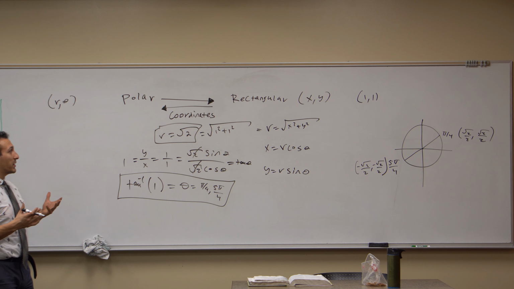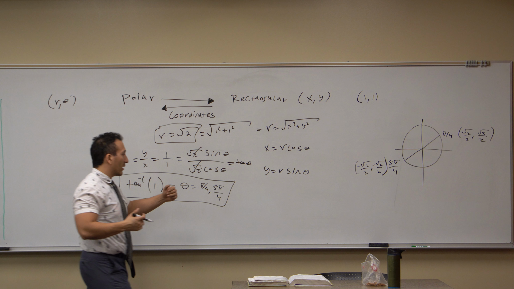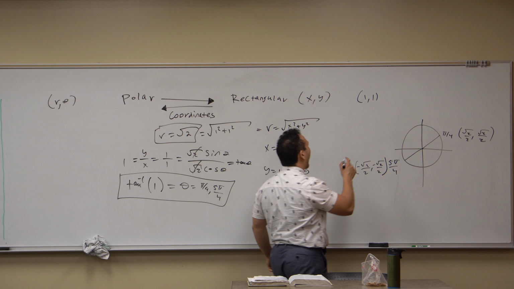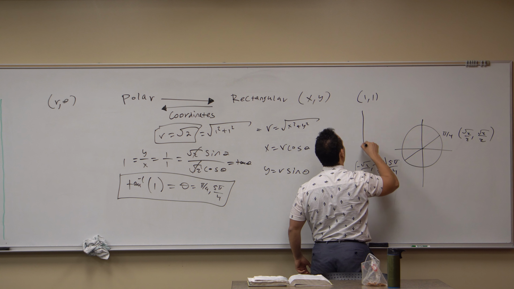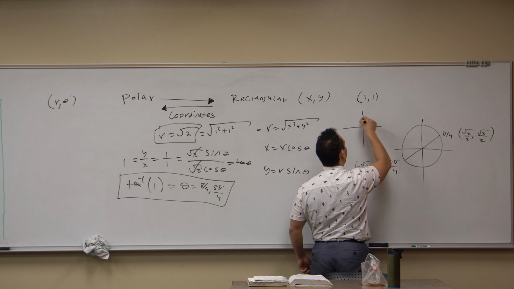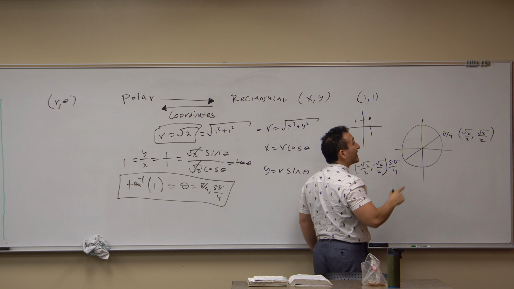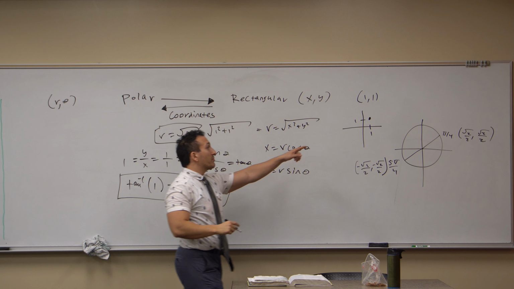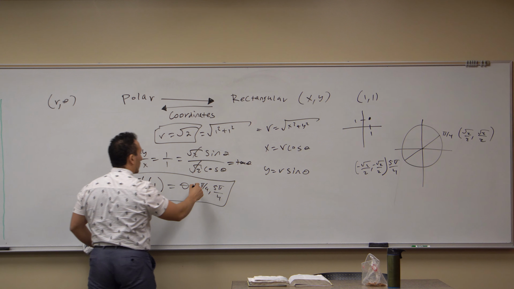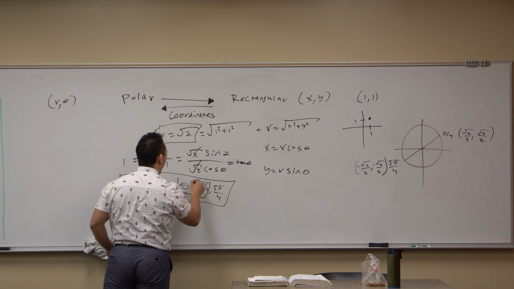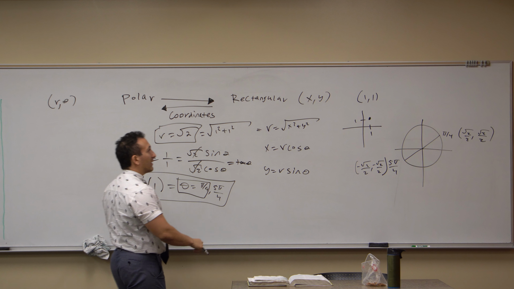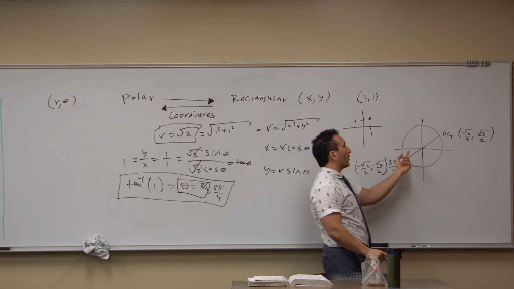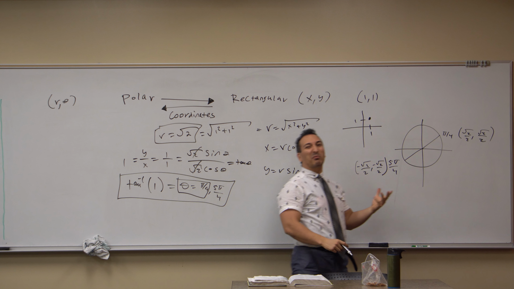So, which one do we pick? Do we pick 5 pi over 4 or pi over 4? Don't forget where 1, 1 is located. 1, 1 is located in the first quadrant right here. Because it's located in the first quadrant, we pick the angle which is located in the first quadrant, which is pi over 4. If our point was negative 1, negative 1, then we would have picked 5 pi over 4.